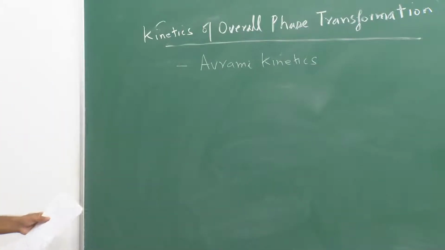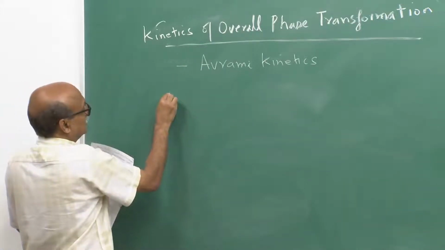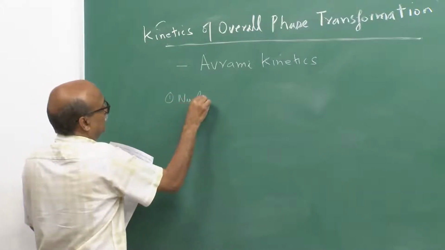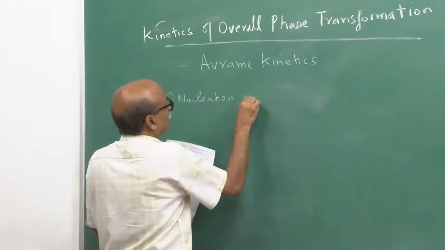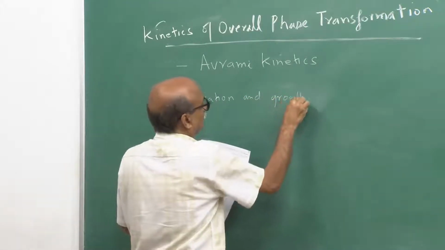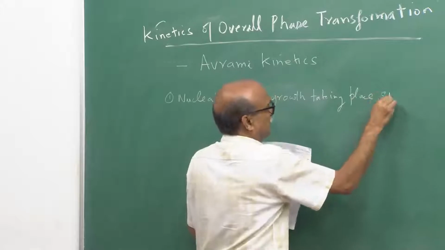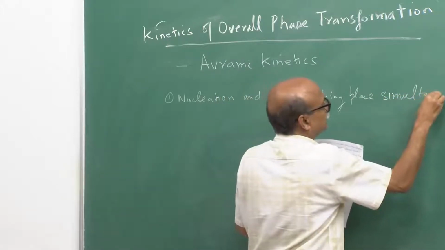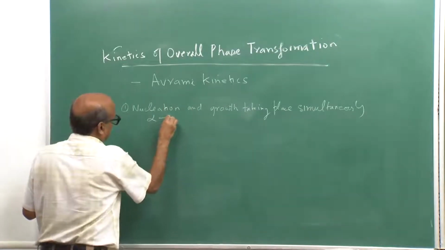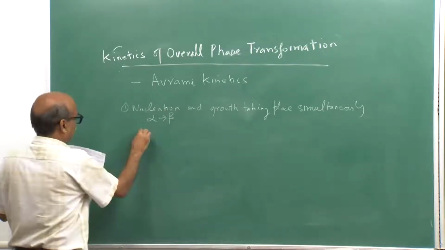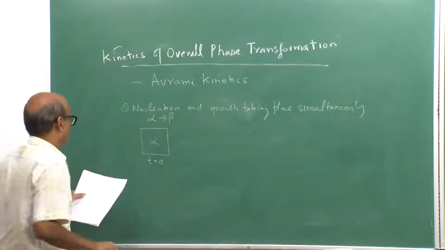Now, one can imagine several scenarios. For example, one can consider nucleation and growth taking place simultaneously. So, therefore, a situation where alpha phase is transforming to the beta phase: at t equal to 0, we only have alpha.